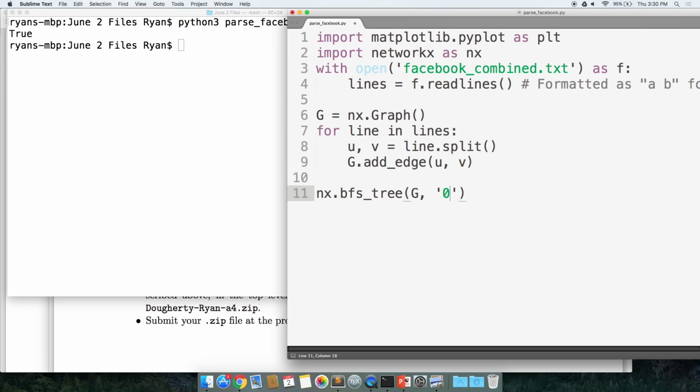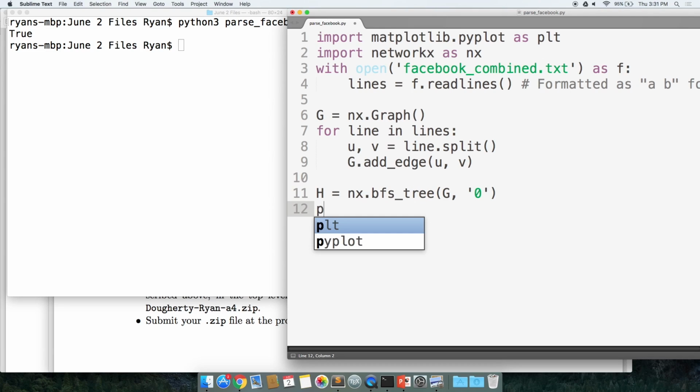I just arbitrarily pick 0. You can pick any one you want because it's connected. So we can just take a look at this. Print H. What bfs_tree returns is the tree which was generated through the breadth first search algorithm.